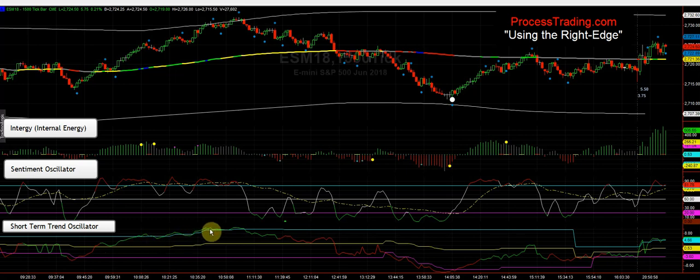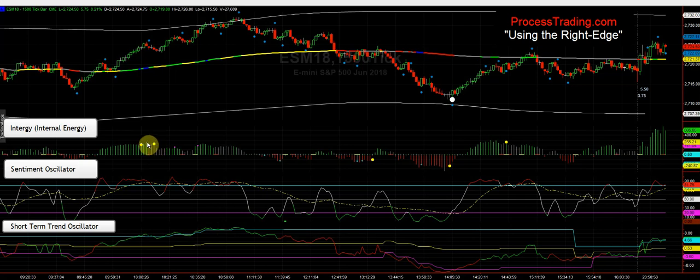When the short-term trend oscillator does that, it's another very strong sign that you're in a strong trending trade. The last thing I want to say about this is these two dots also kept us in it. These are trending dots, and these trending dots tell us when a trend is possibly underway.